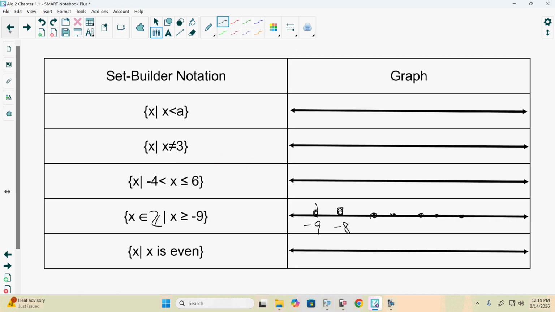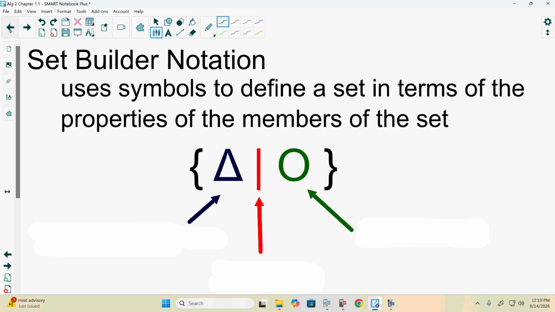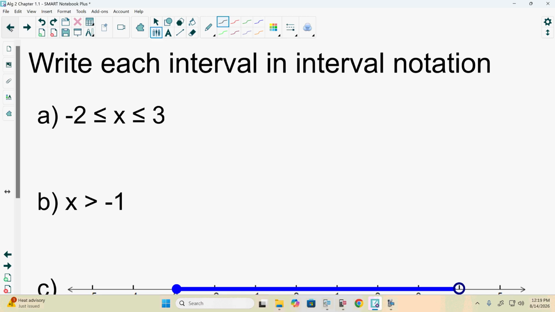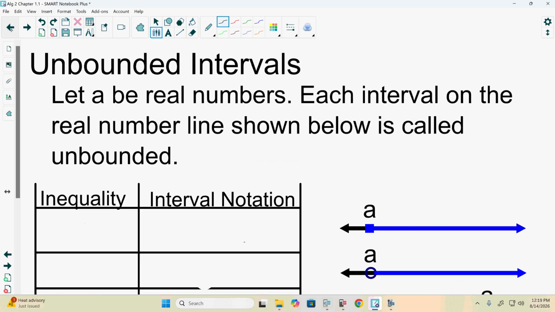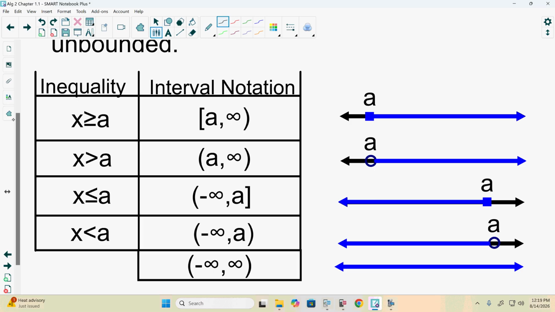The other way is with this chart here. This chart told us and gave us all possible unbounded intervals. And it told us that we have negative infinity, comma, negative 1. Which one of these four does it match up with?